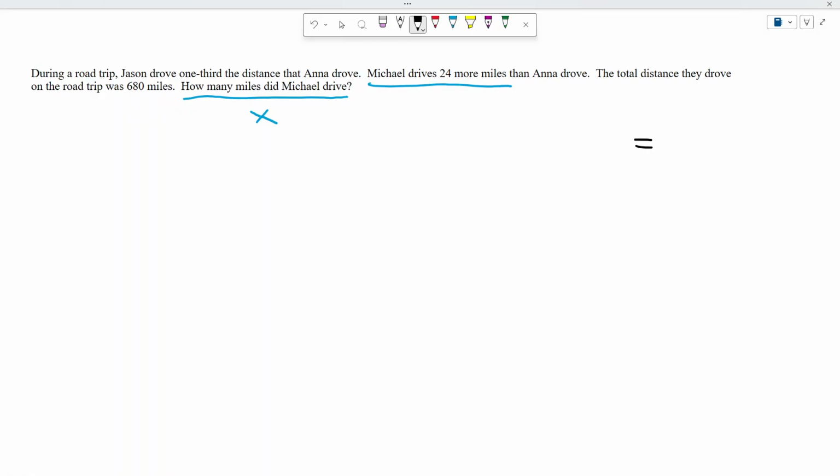It tells us the total distance, between Jason, Michael, and Anna, the three of them, was 680 miles. So again, we got the right side of our equation. We just need to get the left set up.